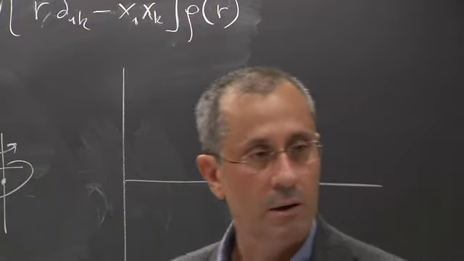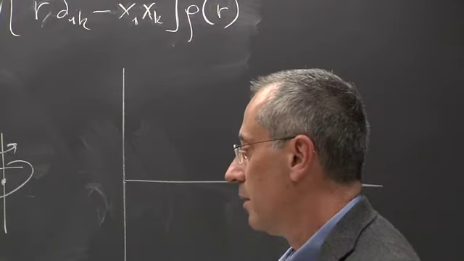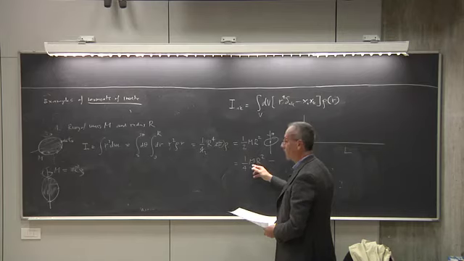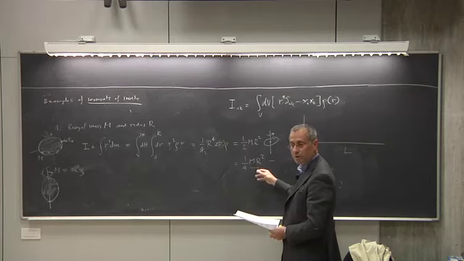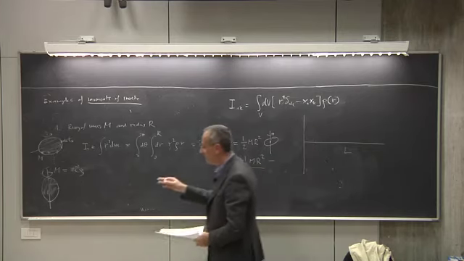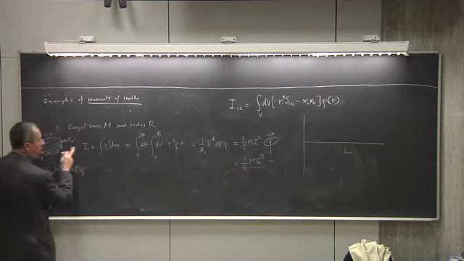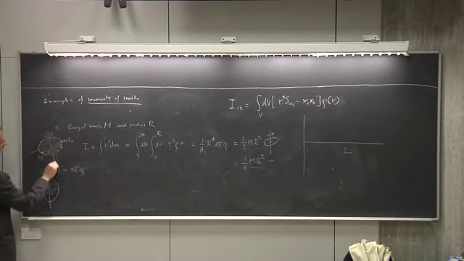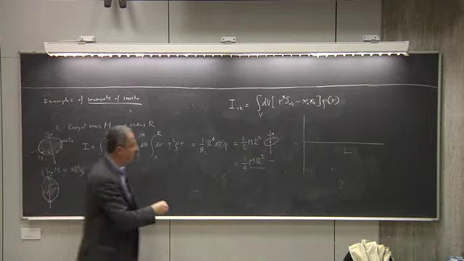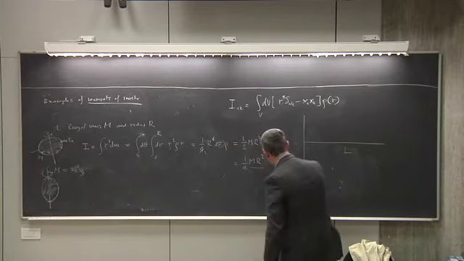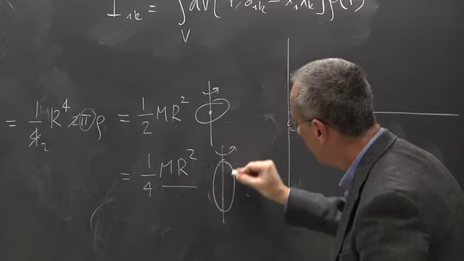What did you say 1/4 mr squared was for? A disk? How did I get this? No, it's for which disk? This is the same disk, but now, so 1/2 is for the disk rotating about the central axis. Now the disk is rotating this way.